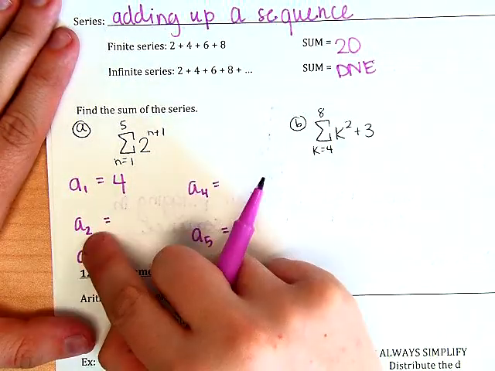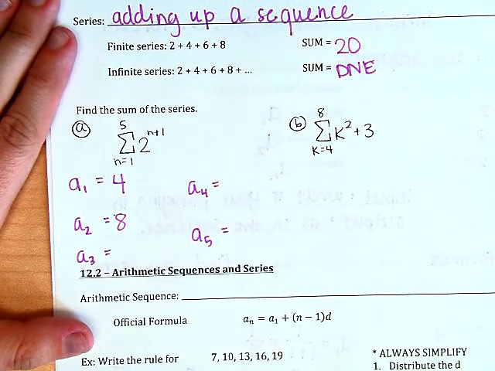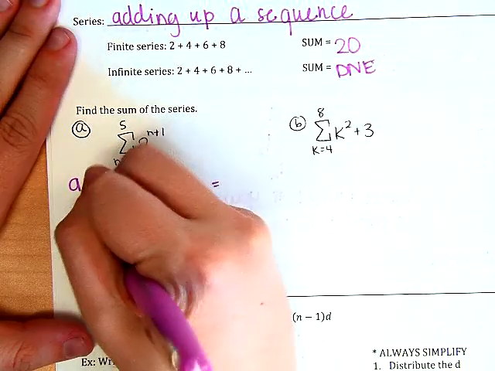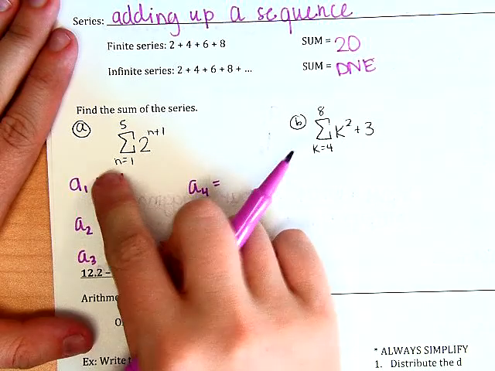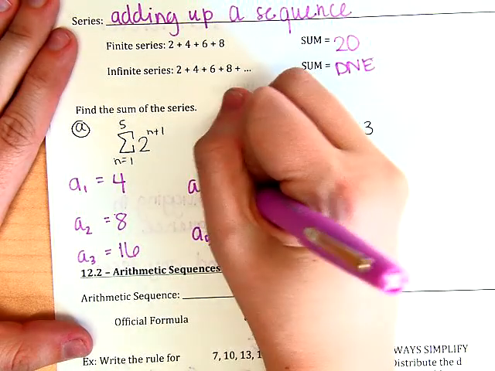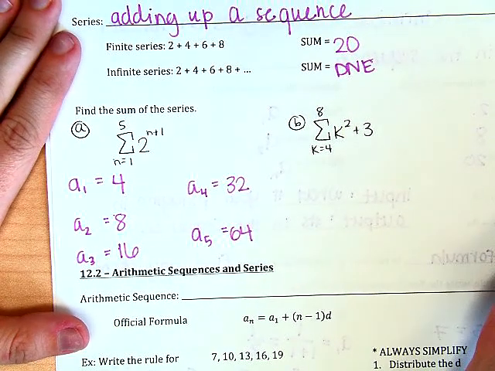If I plug in 2 in here for my second term, 2 to the third is 8. If I plug in 3, 2 to the fourth, 16. Do you see a pattern here? Multiply by 2, multiply by 2. So my fourth one would be 32, fifth one, 64.